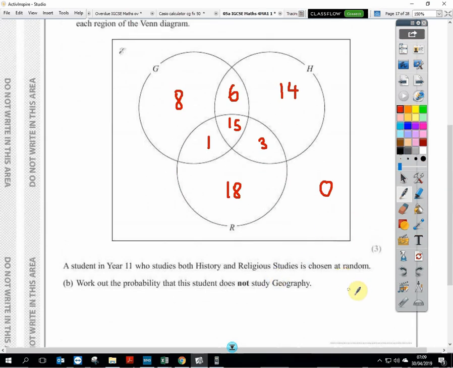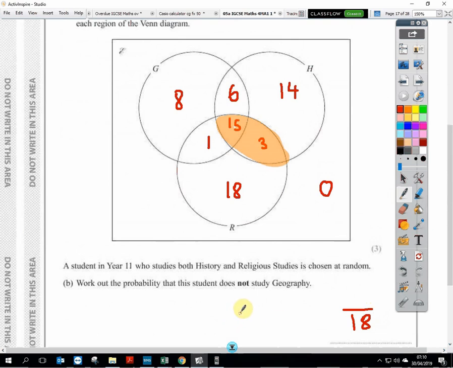A student in Year 11 who studies both history and religious studies is chosen at random. So they study both religious studies and history, and that is, let's have a look, that's in this section here, history and religious studies. Okay, so we already know that this fraction has to be out of 18, because that's the only section of the Venn diagram you're looking at.